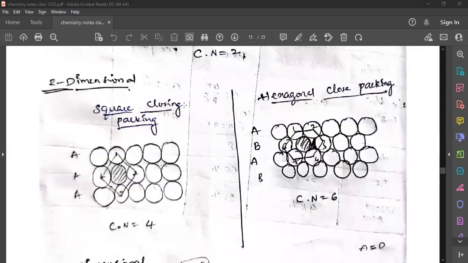So in the case of two-dimensional, what is the coordination number in the square packing in the two-dimensional way?